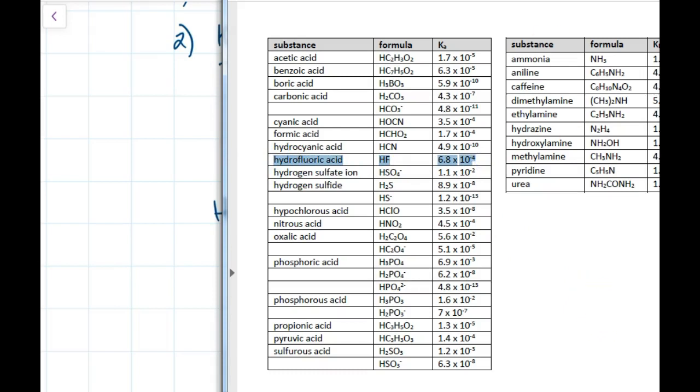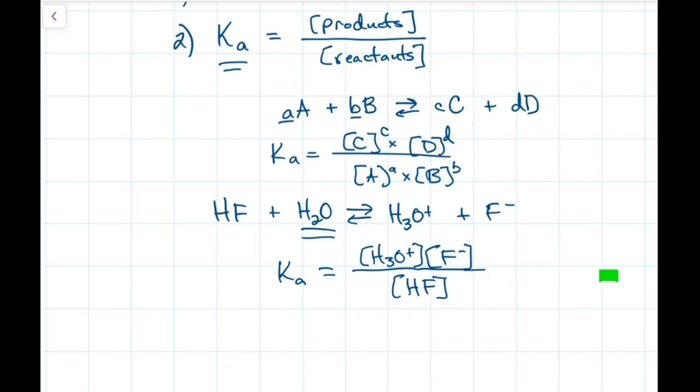So that tells you that the percent ionization for that acid is going to be extremely low because the ratio between products and reactants, or ions and unionized acid, is 6.8 times 10 to the negative 4. That's a really, really small number. So you have a really, really small amount of product at equilibrium. And again, we'll talk in class a little bit more about how to do these calculations, and even involve a little bit of pH as well.